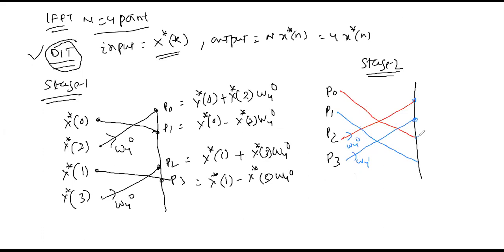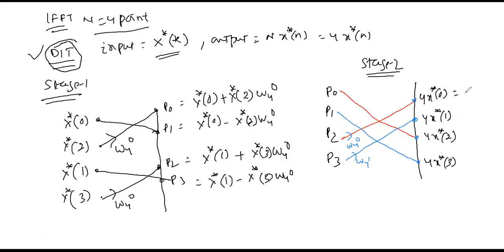Now you all know that in DIT the output is in same order, input is in bit reversal order. That is very important. So I can write the output directly as 4 x conjugate 0, 4 x conjugate 1, 4 x conjugate 2, 4 x conjugate 3 in the same order. Now if you want to write the equation, it is also very simple.